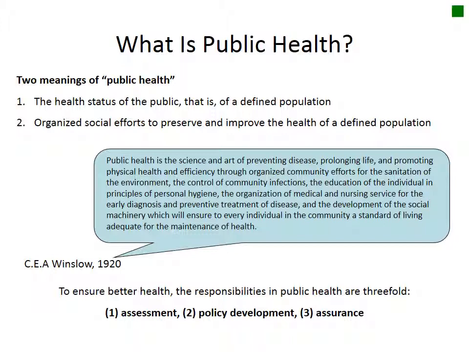And then more recently, the public health associations have come up with the essentials in public health. There are 10 essential public health services, and they're basically grouped into three areas: assessment, policy development, and assurance. If you study public health long enough, you will have a better understanding and be more ready to utilize these.